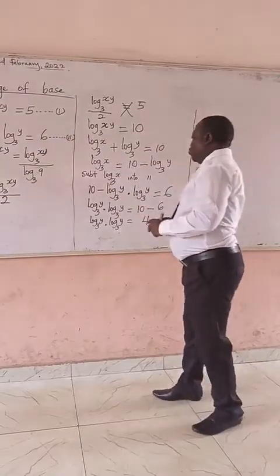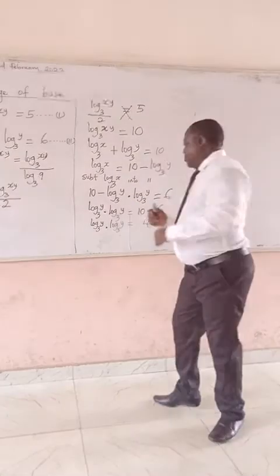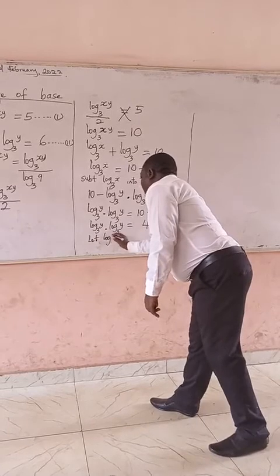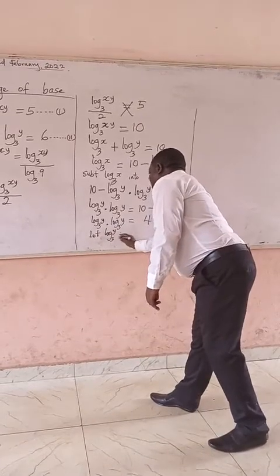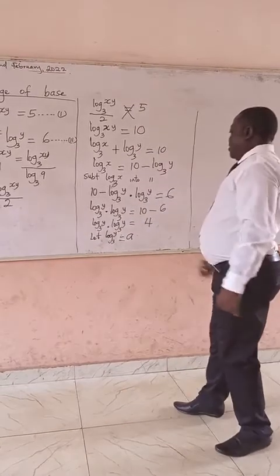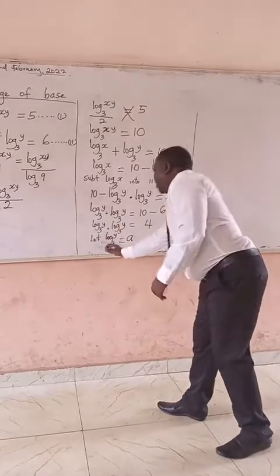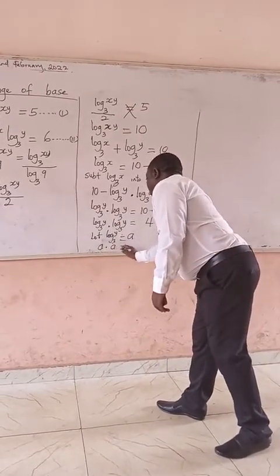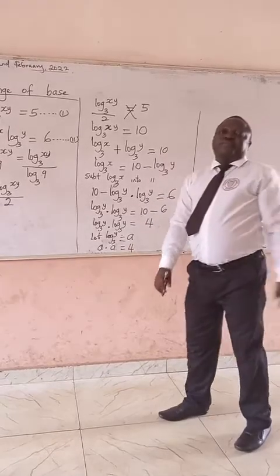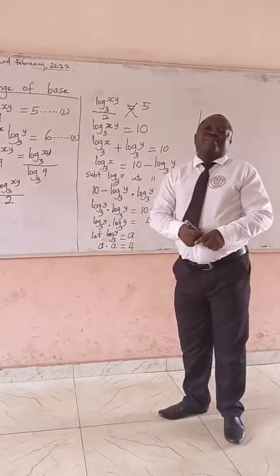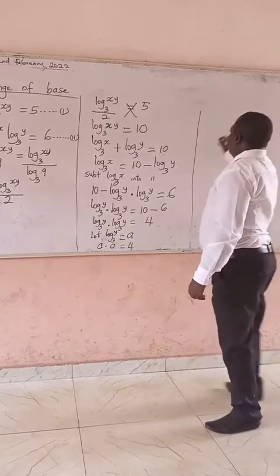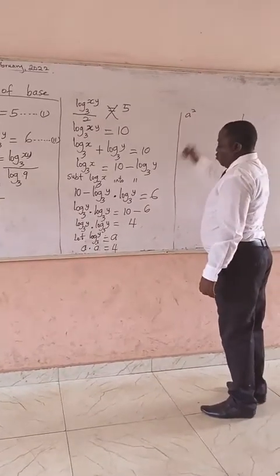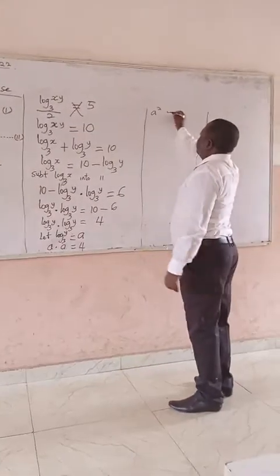So I want to choose A. So let logarithm of y in base 3 equal A. Then this expression can be written as A times A is equal to 4. A times A simply means A squared. Therefore, A squared is equal to 4.